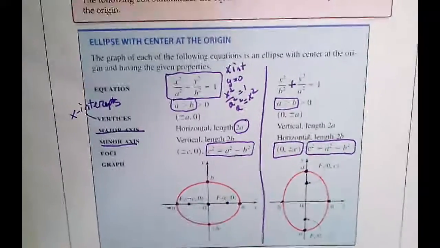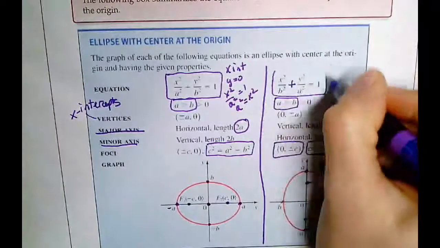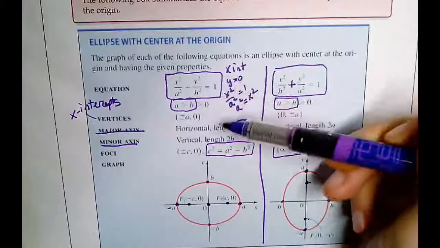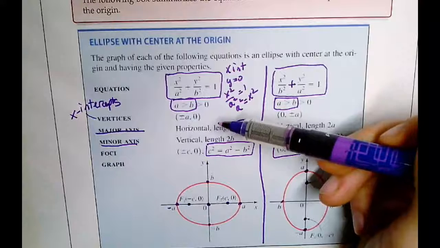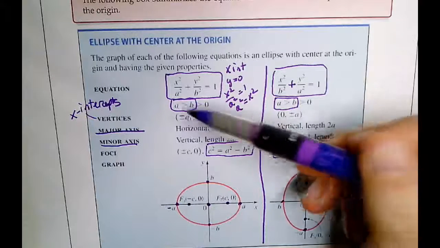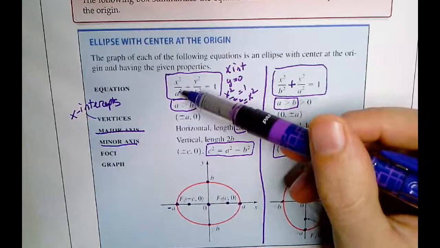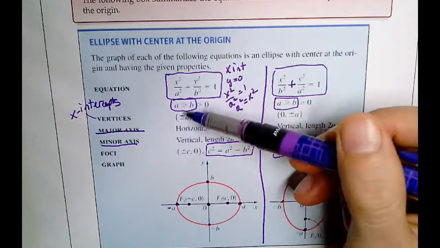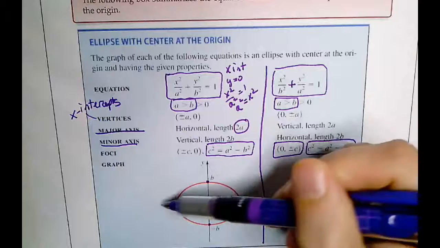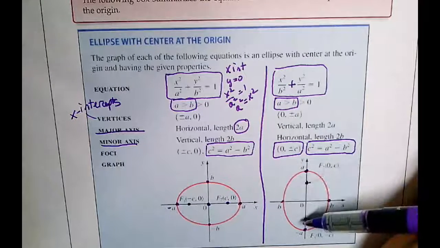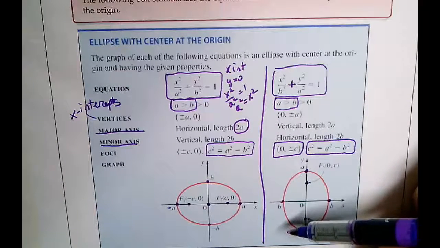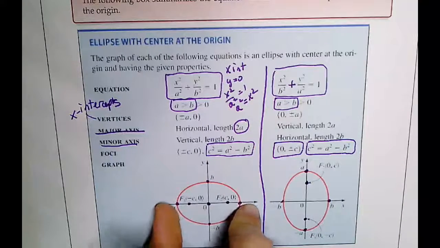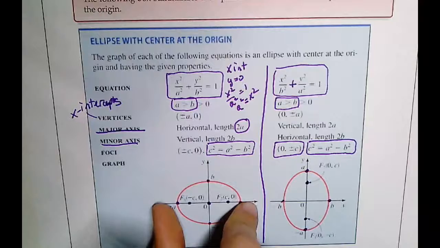All right, so what we need to remember is the equation of it, and then that the larger denominator is going to determine if the foci are going to be on the x-axis or on the y-axis, and that the major axis is the one that comes with the foci, and the vertices are the ends of the major axis.